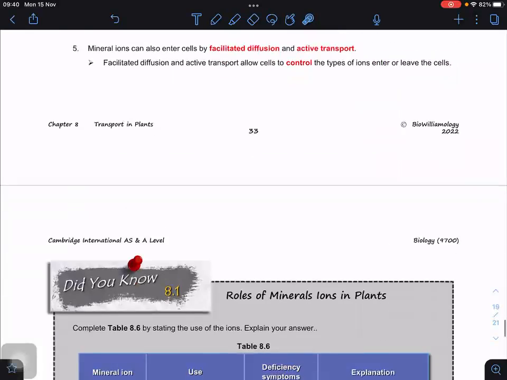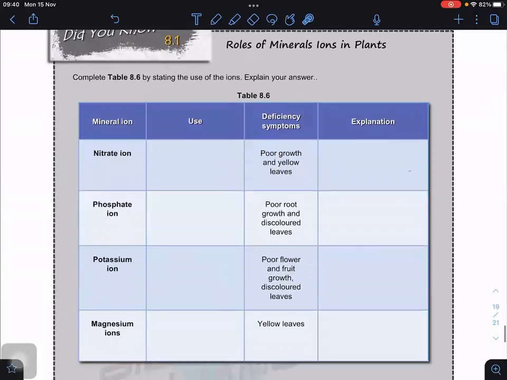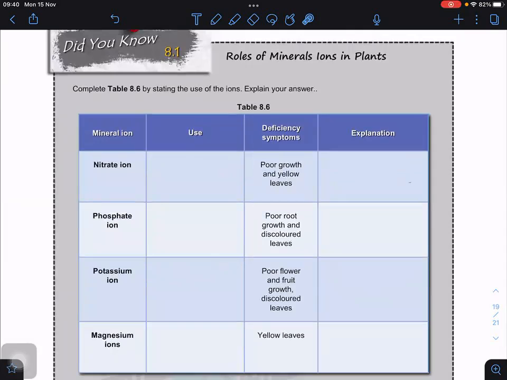So why does the plant need these mineral ions? If you look at nitrate ions, what is the use of nitrate ion? Very important, nitrate ion is the one that actually supplies the nitrogen atoms. These nitrogen atoms are involved in the synthesis of proteins and also growth.